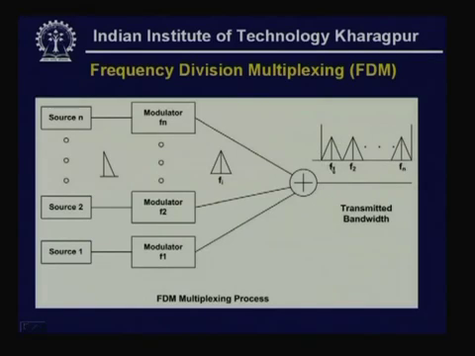All the composite signal, as you can see here, has center frequencies F1, which is the carrier frequency of the modulator 1, and F2, and as you can see, each of the signals coming from each of the sources are now channelized in terms of frequencies. That's why it is called frequency division multiplexing. So here the overall bandwidth is divided into separate frequency bands, and each of the channels is using one of the channels to transmit. So this is how frequency division multiplexing occurs.